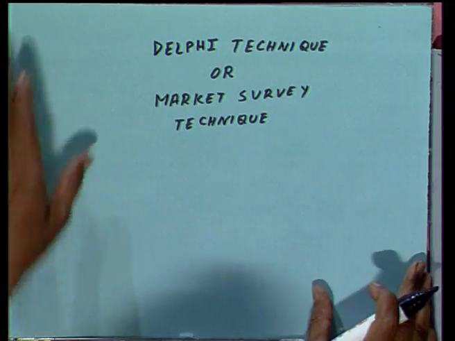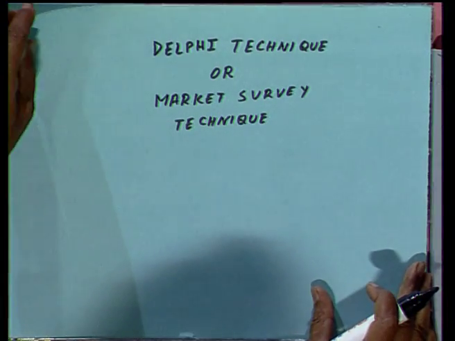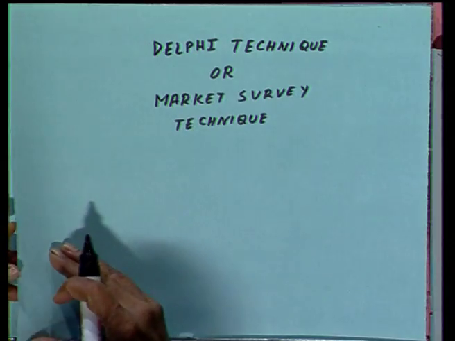Now, let us come to the industrial product. In the case of industrial product also, we have to identify the factors which influence the industrial product demand.